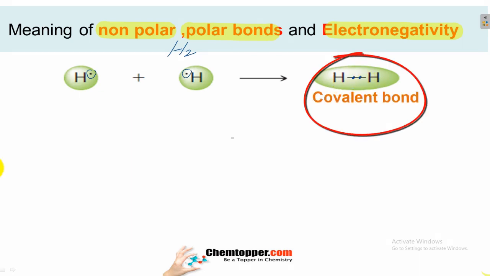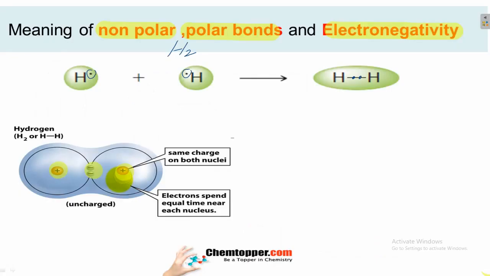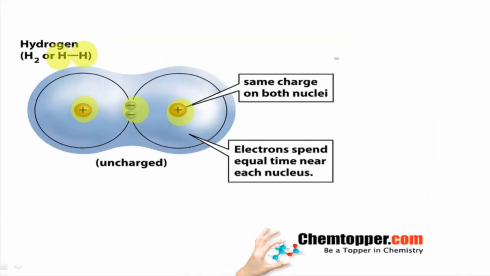The shared pair of electrons is present in the center of the nuclei of hydrogen atoms. Both hydrogen atoms are identical, so their nuclei are also identical. It means they have the same charges. Now, these two nuclei are going to exert the same attractive forces on the shared pair of electrons.